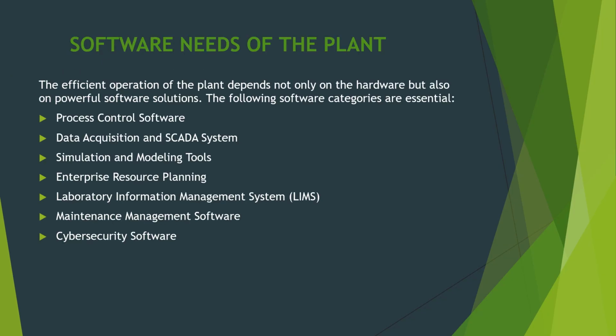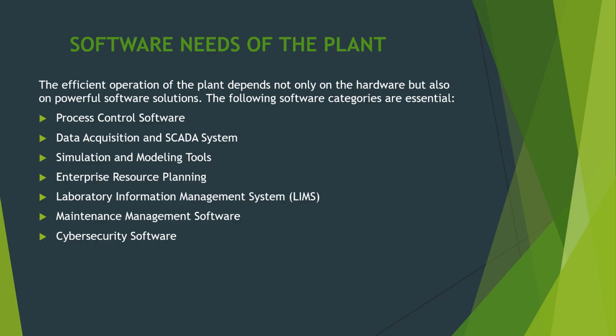So let's look at the software needs of the plant as well. So the efficient operation of the plant does not depend only on hardware but also on some powerful software solutions. So the following are software categories that are needed by the plant.